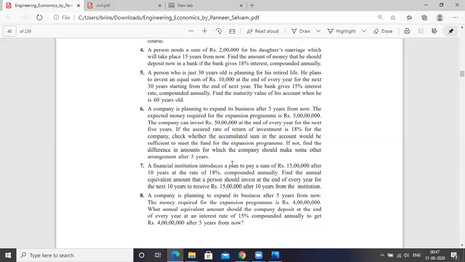It is asked to find the annual equivalent amount that a person should invest. So they have asked for A. You can use the same formula which is mentioned in the equal payment series capital recovery amount to find the annual equivalent amount for this problem.